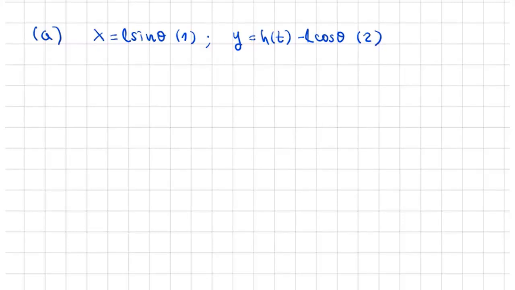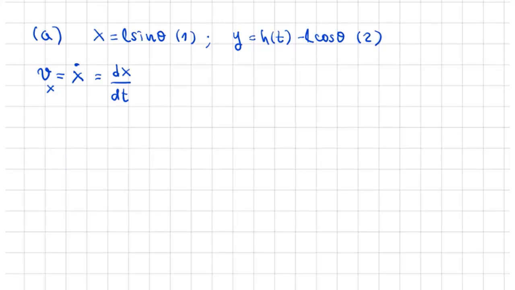We have the notation that for a body moving with a specific velocity along the x-axis, the velocity is x dot, the derivative with respect to time of the coordinate, in this case x, and the same for y.